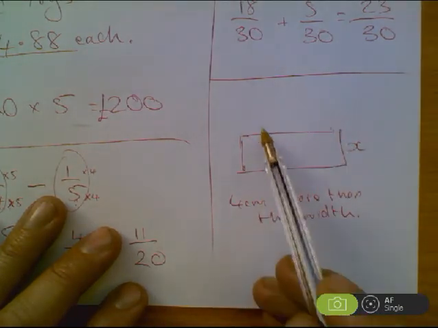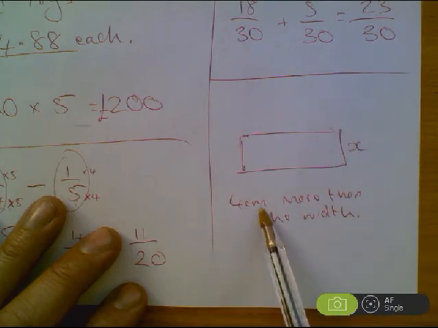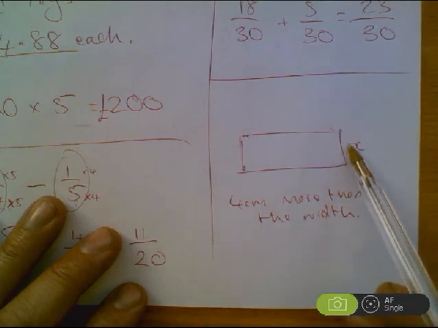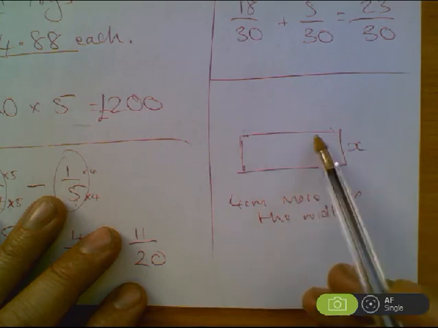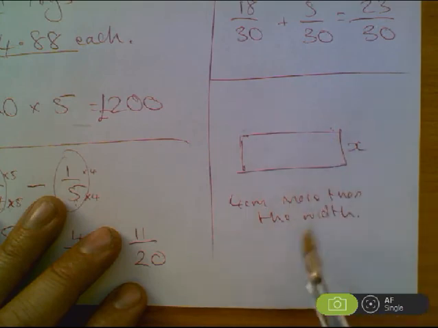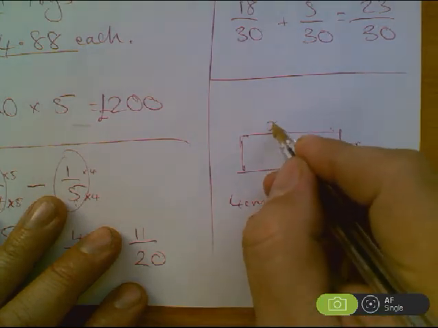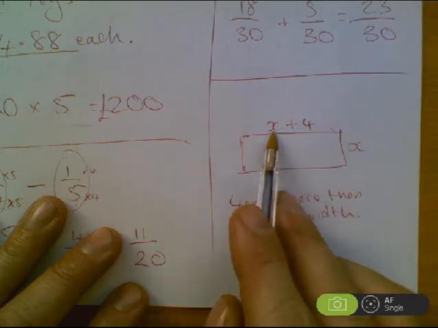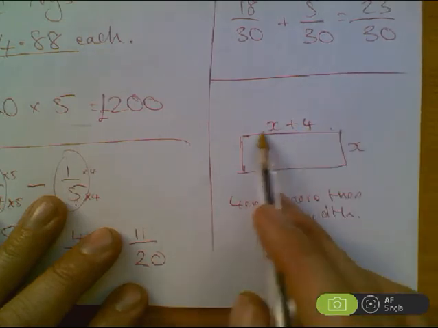Now the width is x, so how do I write down 4 centimeters more than x? Well, it's x plus 4. So whatever x is plus another 4 centimeters, that's the length of there.